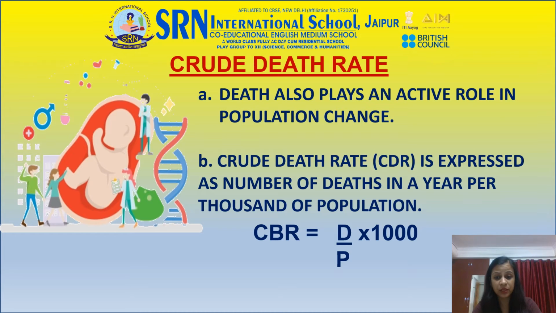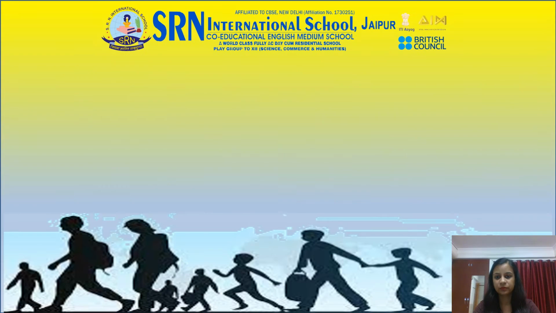It is expressed by the formula CDR equals D upon P multiplied by 1000, where D is the number of deaths in a year and P is the population of that particular place.